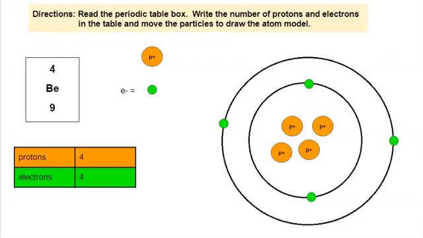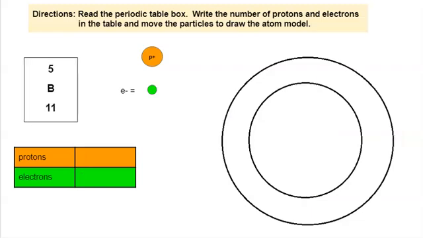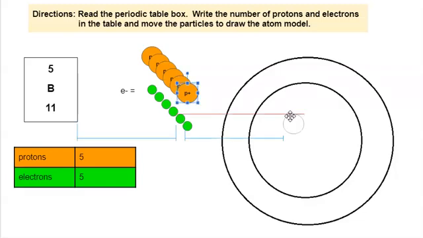Okay, so we have 2 more to check out. Our next one is boron. Boron has 5 protons and 5 electrons. Let's copy and paste our protons and electrons. And like all the others, we're going to move our protons into the nucleus.